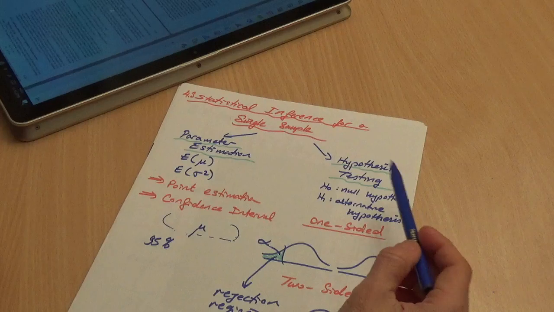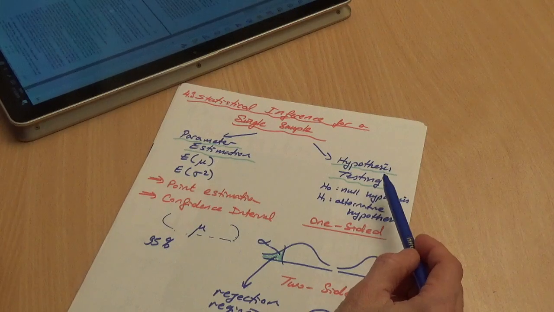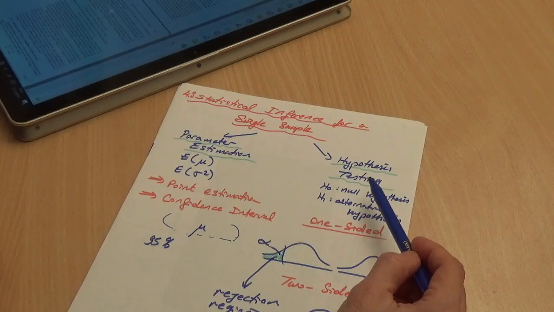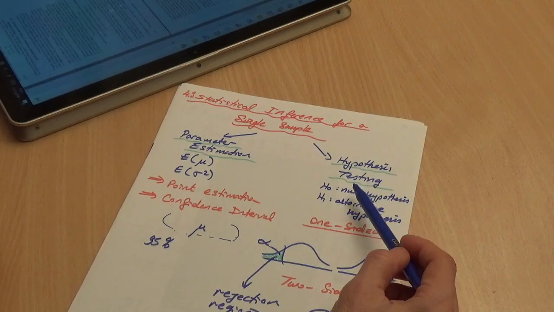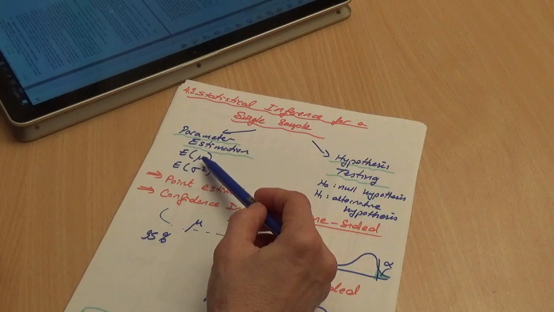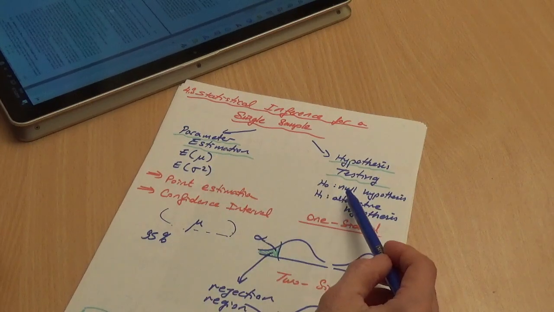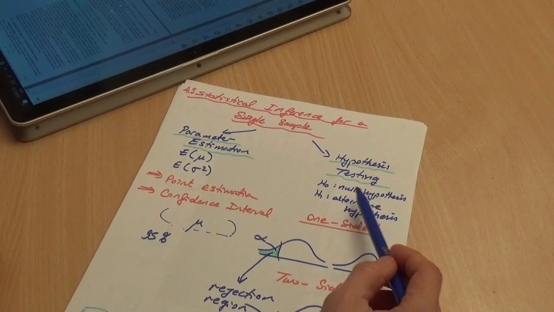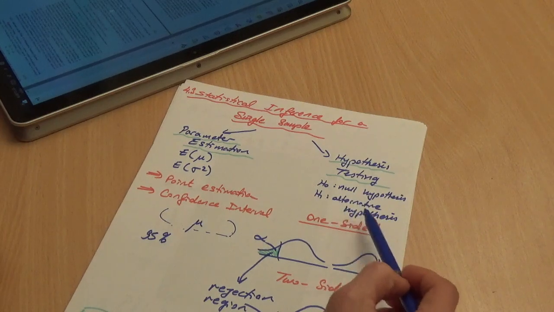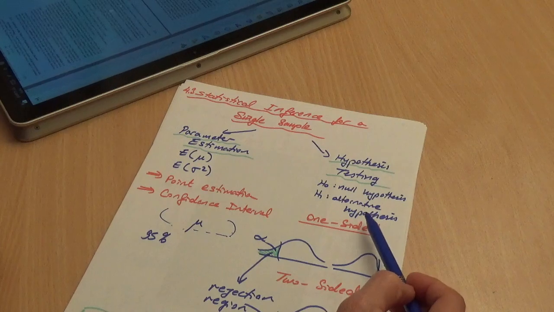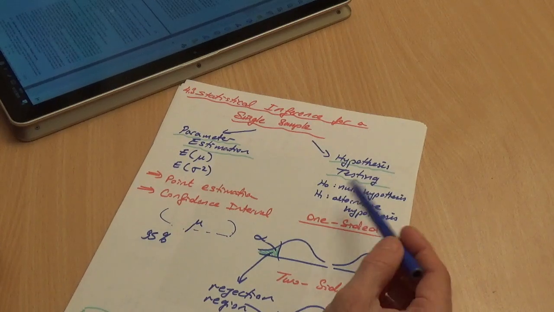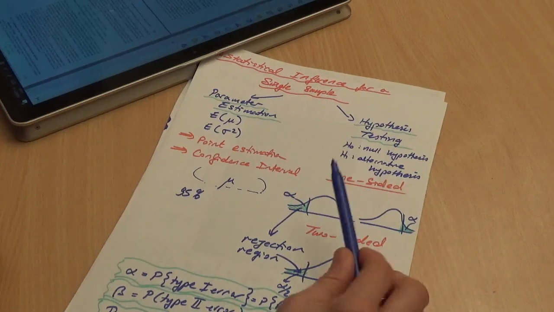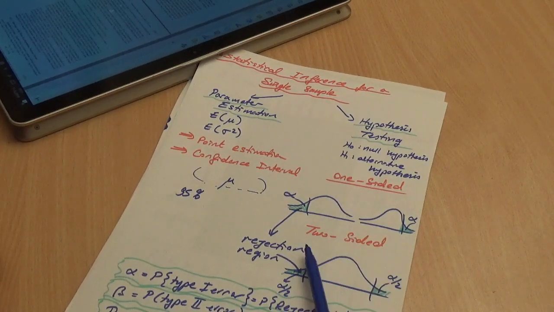The second evaluation is hypothesis testing. We can say that we are estimating the population average as null hypothesis, let's say 2, and we will say that as an alternative hypothesis it is not equal to 2. So when we make hypothesis testing, it can be one-sided or two-sided.